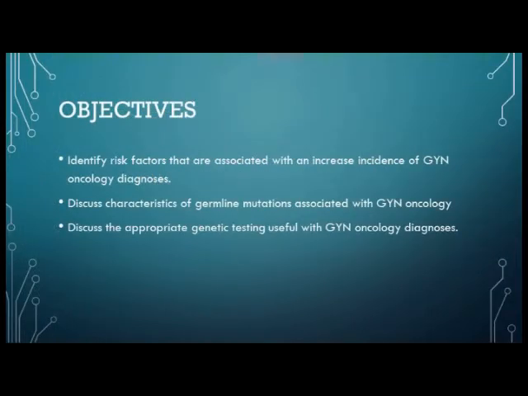Objective-wise, we're going to identify risk factors that are associated with increased incidence of a GYN diagnosis, characterize what these germline mutations are, and discuss who to test with these mutations.